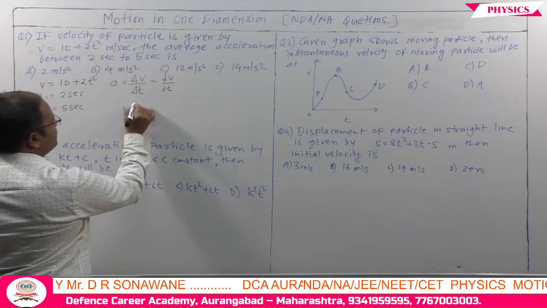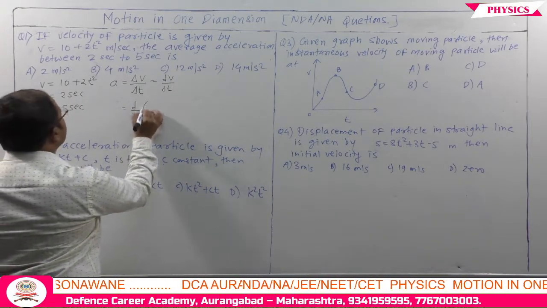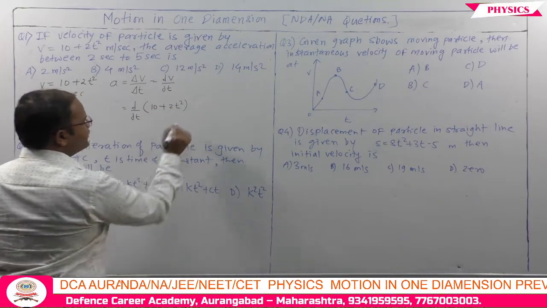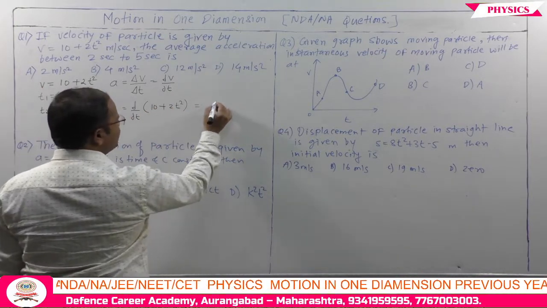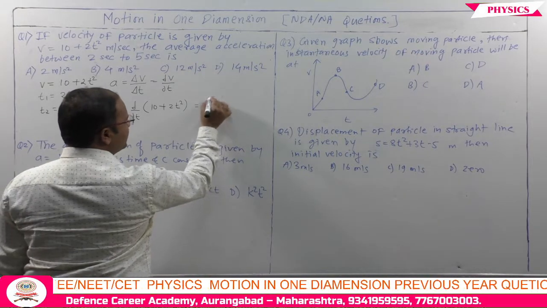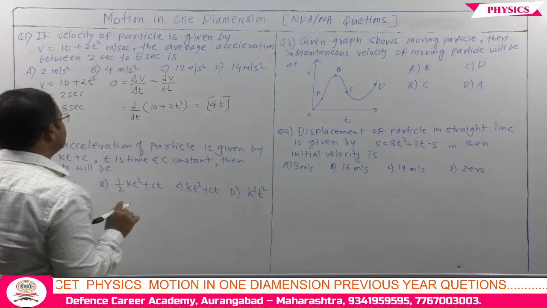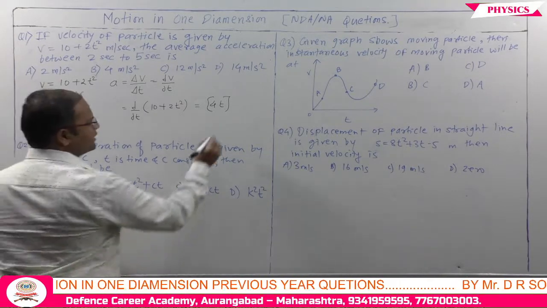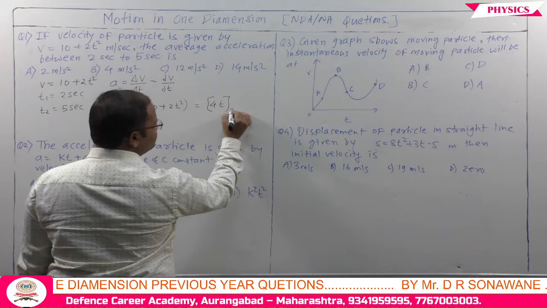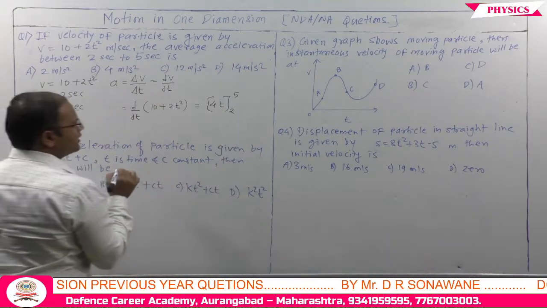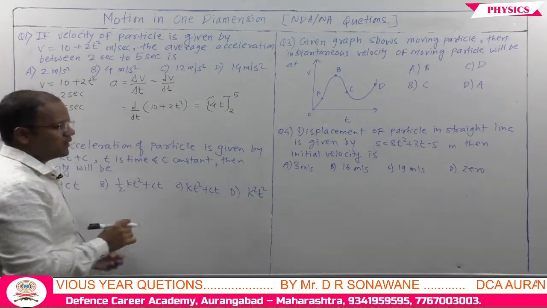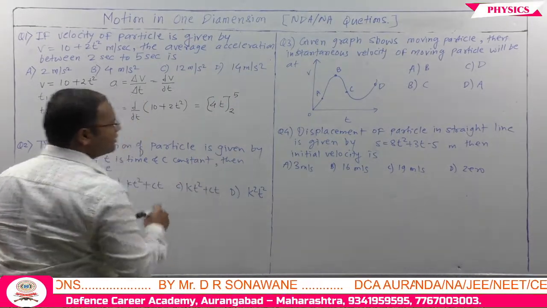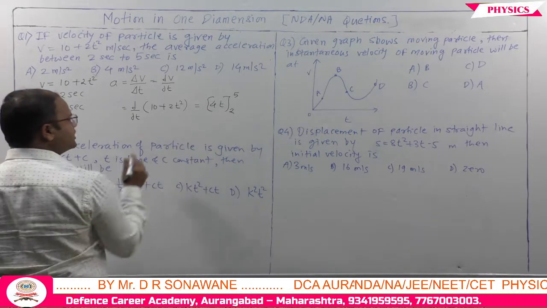So here if we take the derivative of 10 plus 2t square, we will get 4t, and time is asked from t1, that is 2 second to 5 second. So if we want to calculate the value of average acceleration, we will put the maximum value 5 and then the minimum value 2 of time in this equation.